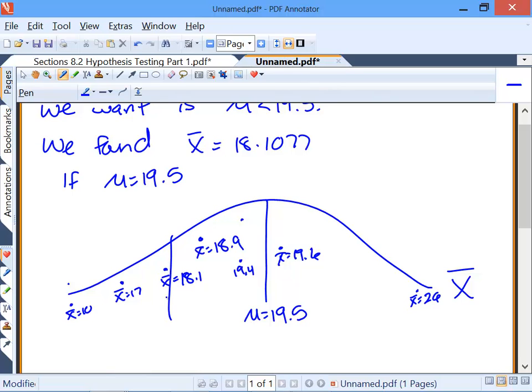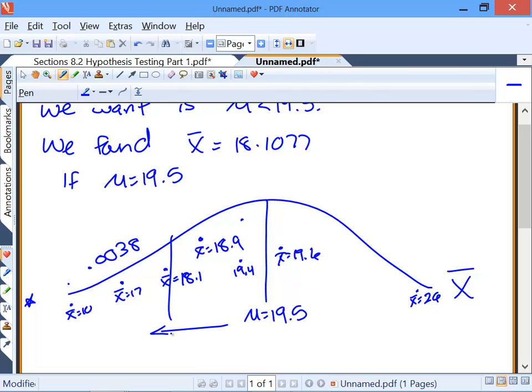It turns out the probability of getting 18.1 or less was only 0.0038. So it was way out there in the tail. Now, you know that you got that 18.1077, and the probability of getting it, if mu really was 19.5, was only 0.0038.